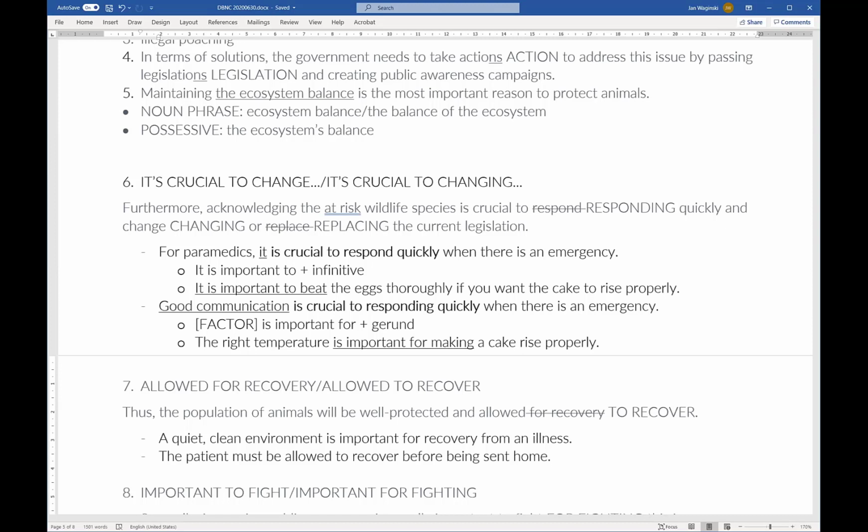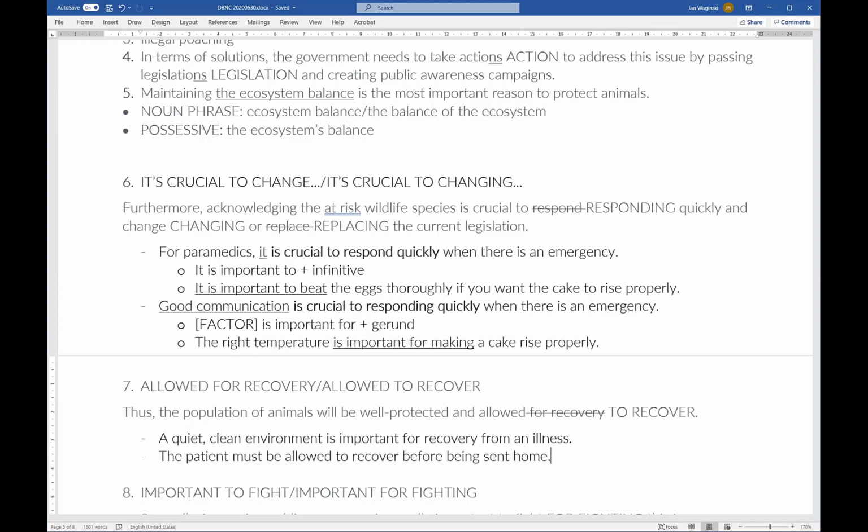So in the first one, for a paramedic, it's crucial to respond quickly when there is an emergency, only when there is an emergency.